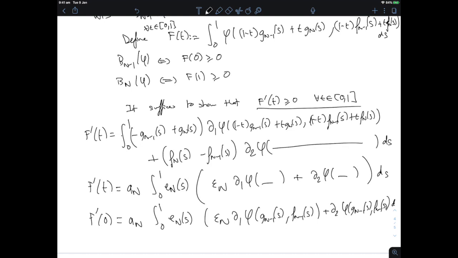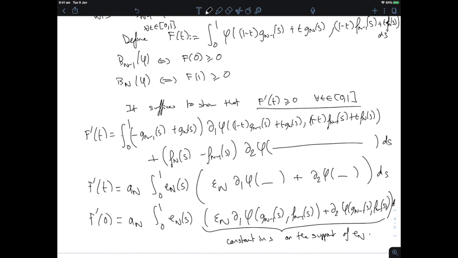Now that's where somehow the miracle happens, because this entire thing here is constant in s on the support of e_n.